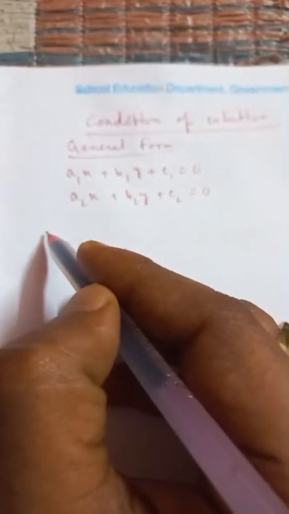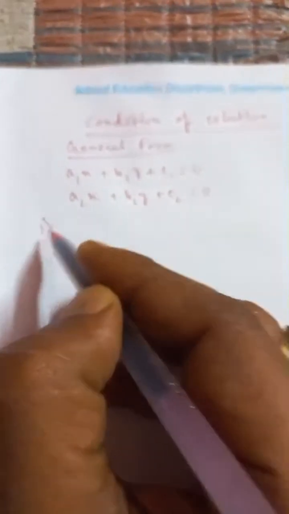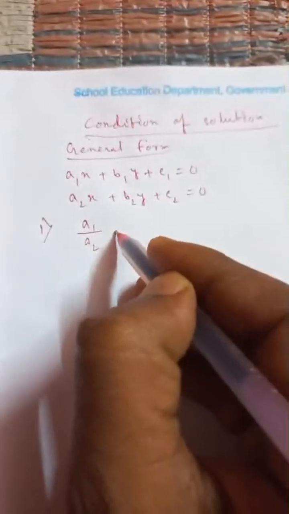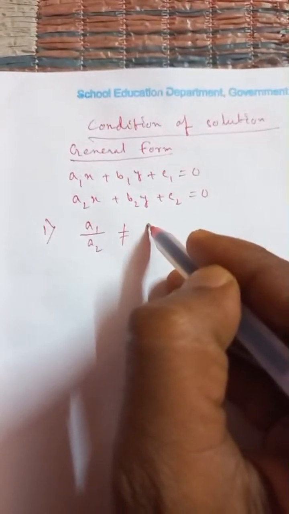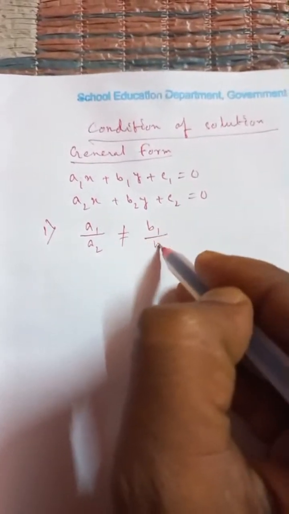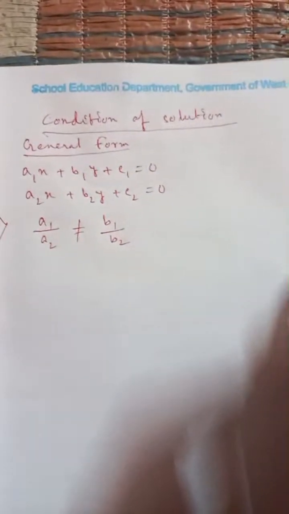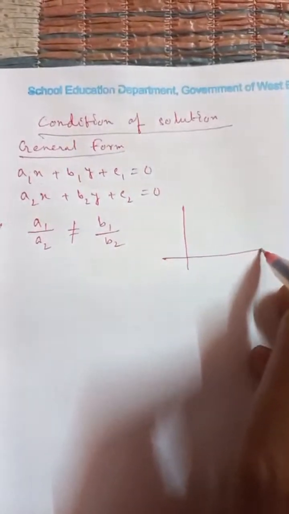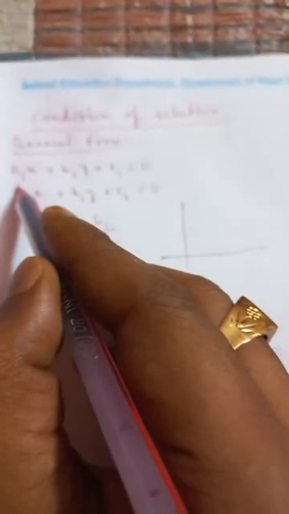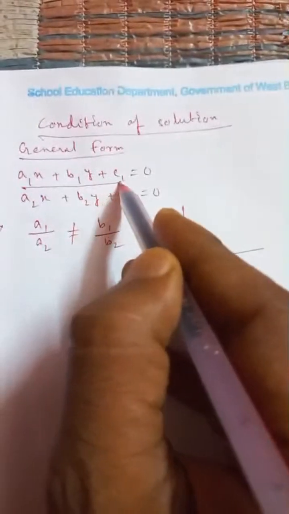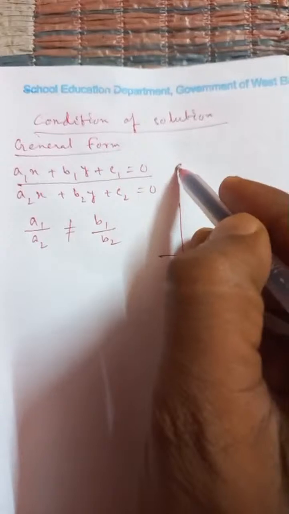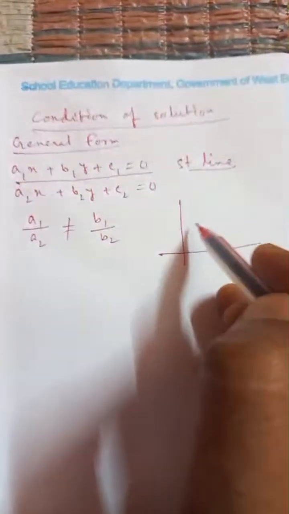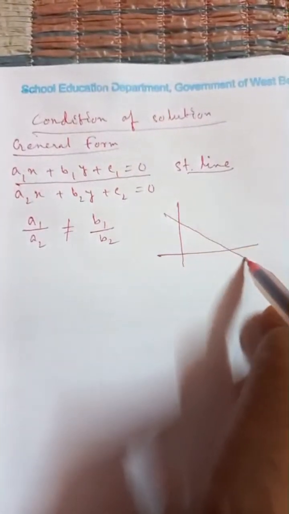The first condition is that if a1 by a2 is not equal to b1 by b2, it means that if we take a Cartesian plane, we know that this form of equation always represents a straight line. So these equations can be represented in this way.